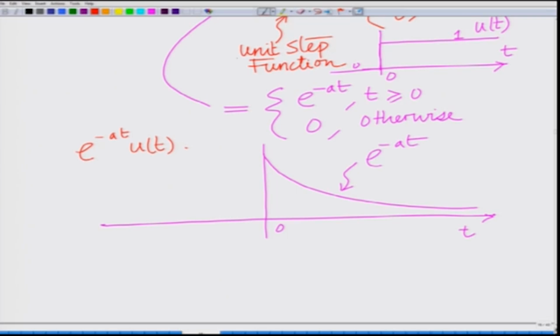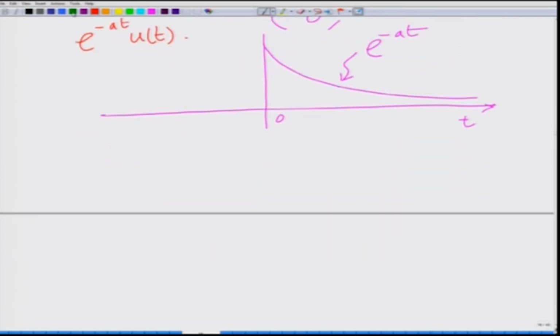Now, let us compute the autocorrelation of the signal e power minus a t u of t.